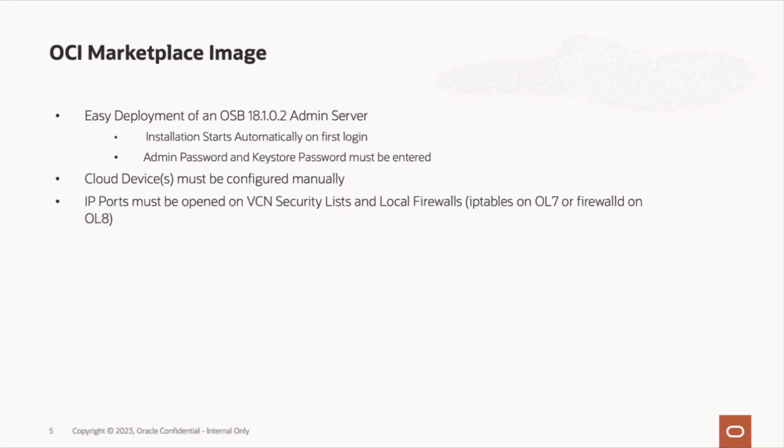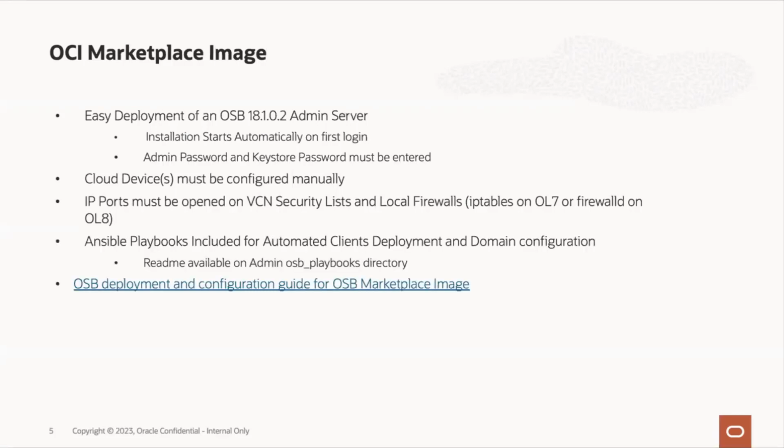And for this reason, the ports that Oracle Secure Backup uses must be opened on the VCN security lists and also on the local firewalls of the compute instances. So the appropriate iptables or firewalld, depending on the client OS version, must be used.